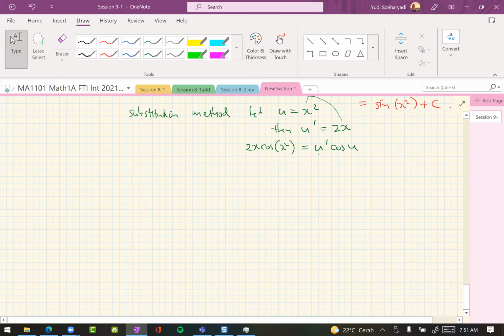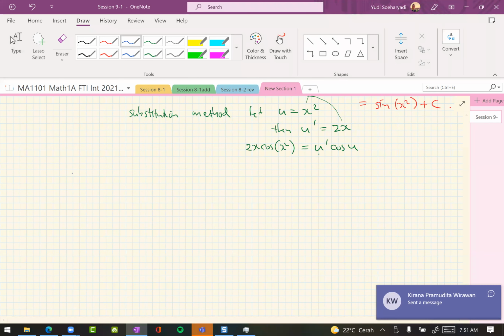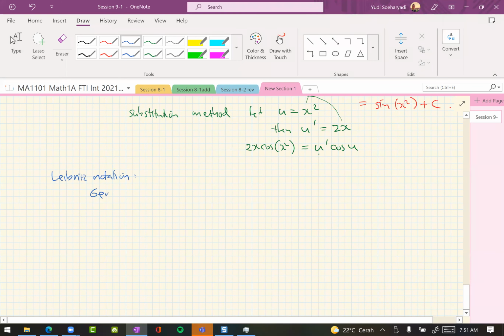All right, let me introduce another notation again. This is Leibniz notation, for the general antiderivative.